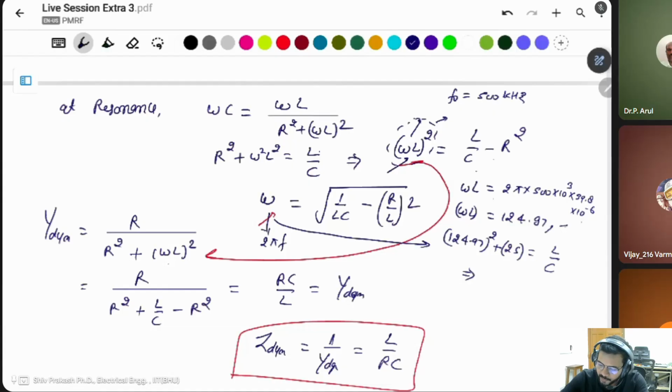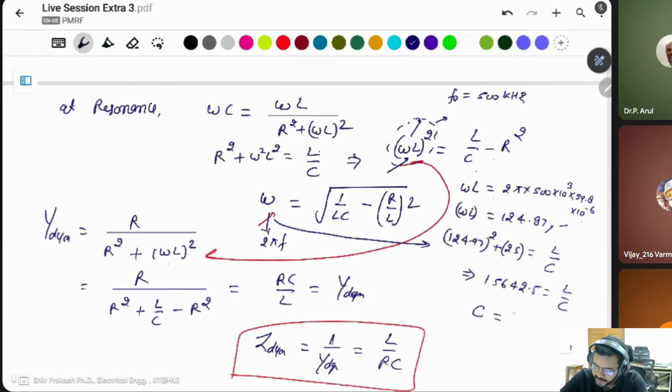Once you get the value of omega L, square this one plus this one: 124.97 square plus 25. This will be 1564.25, which is equal to L by C. Then what is the value of C?